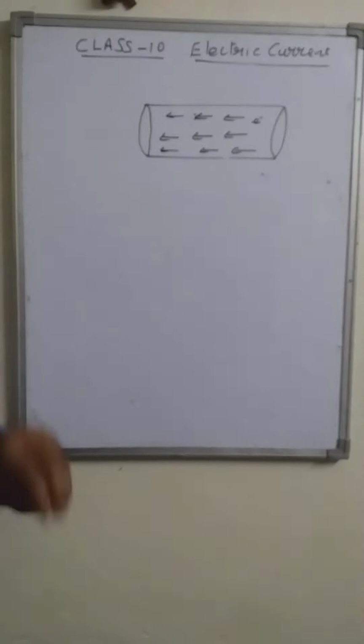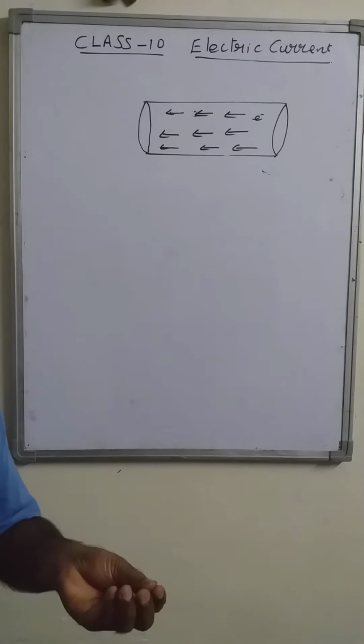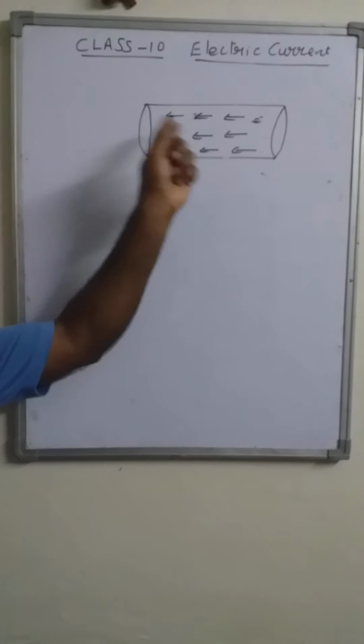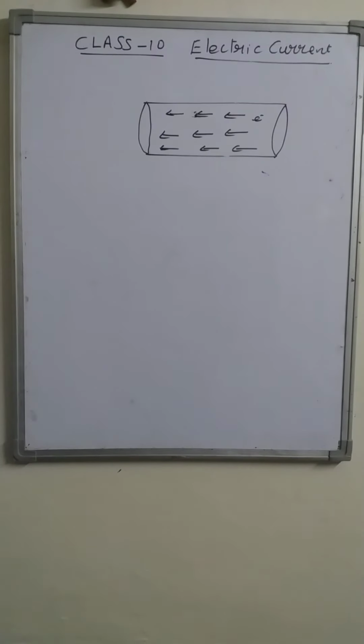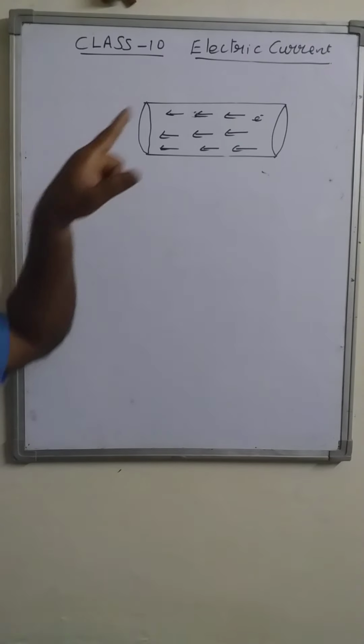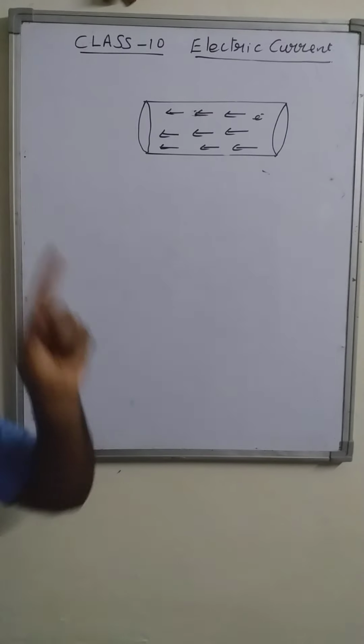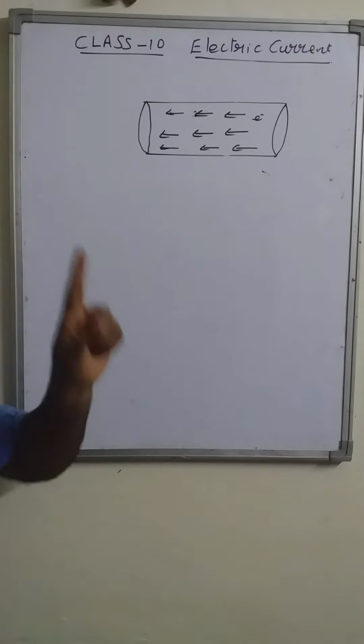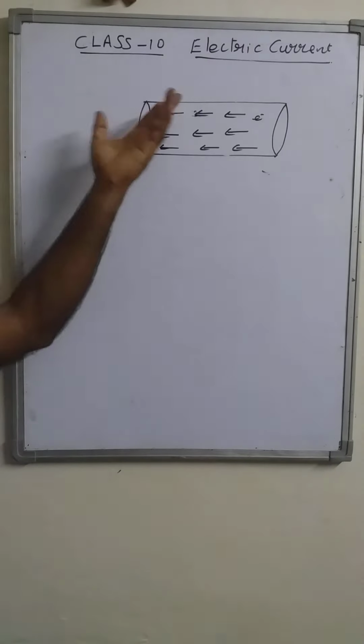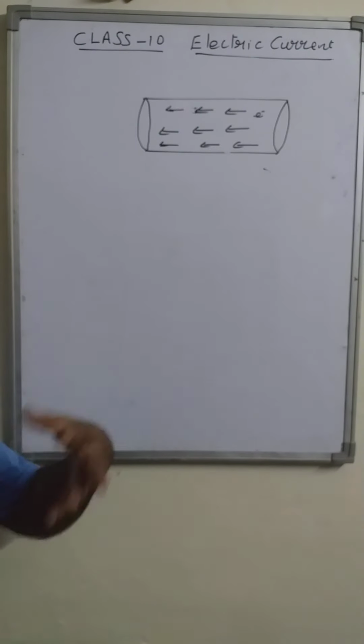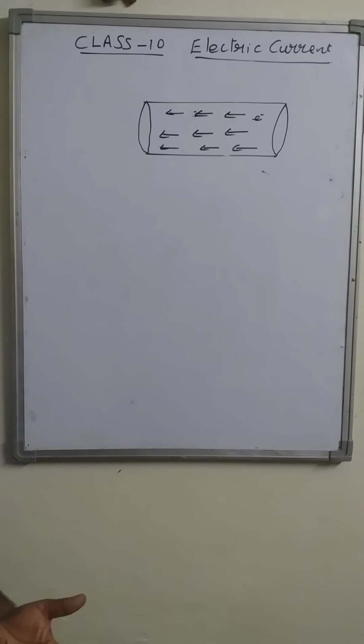That external effort we call the source of electric current. Because of that source only, the electrons start to flow in a particular direction. Without that source, electrons will be in their original condition, means they move randomly in all the directions.